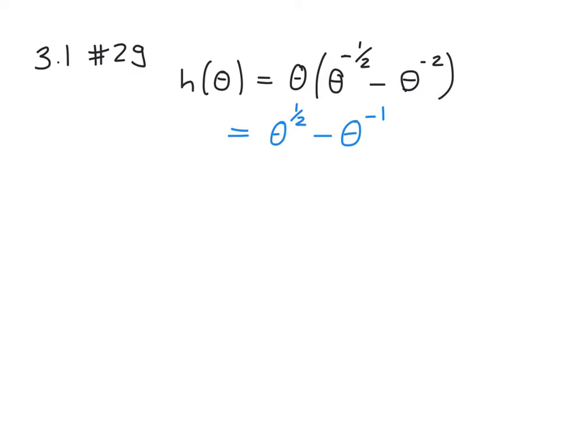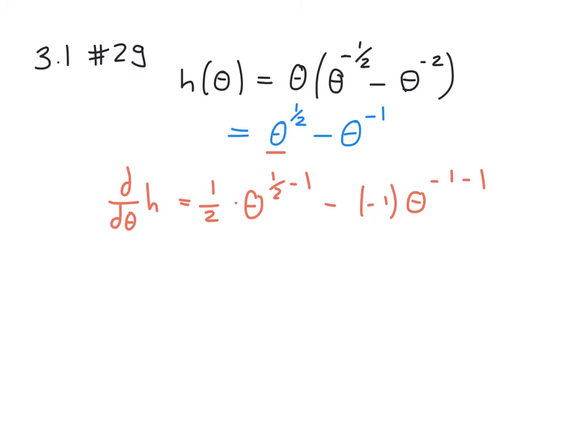So we would get that d/d theta of h is, well, now we just take the derivative of this function, right? And that would be 1/2 times theta to the 1/2 minus 1 minus, now we have to put a minus 1 in front, theta to the minus 1 minus 1.